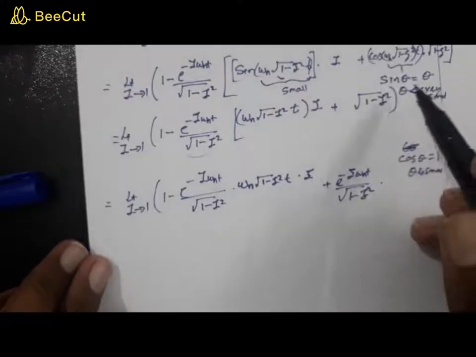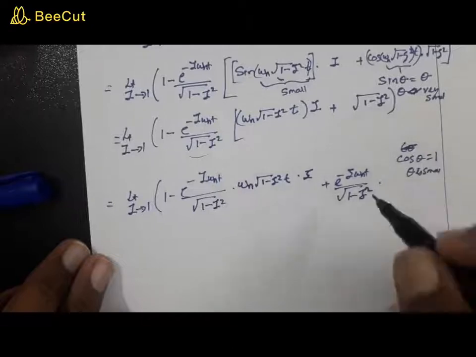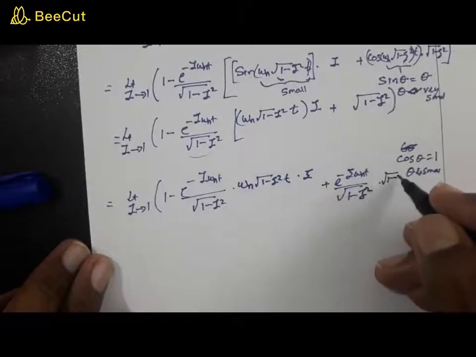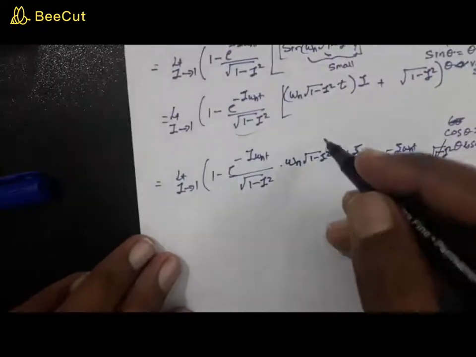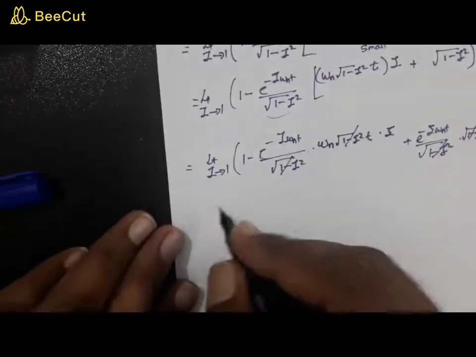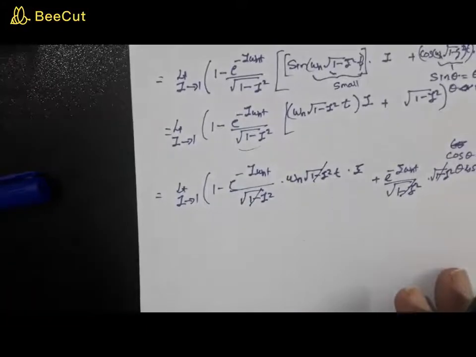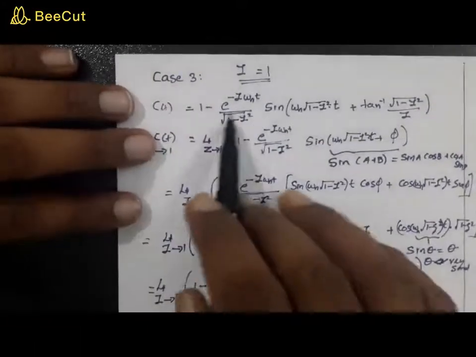So this and this get cancelled, and this and this get cancelled. The idea is to eliminate this root of 1 minus theta square.